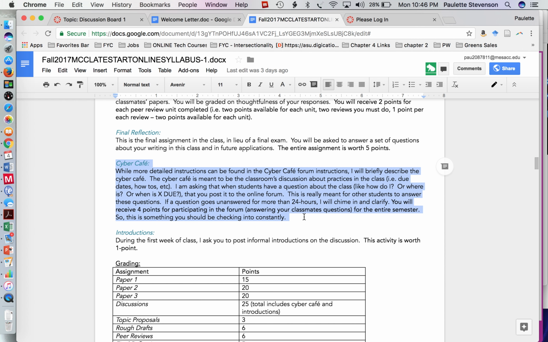Hey, I don't really understand what she means by this. How do we reply to the discussion board post? How do we do X in Canvas?